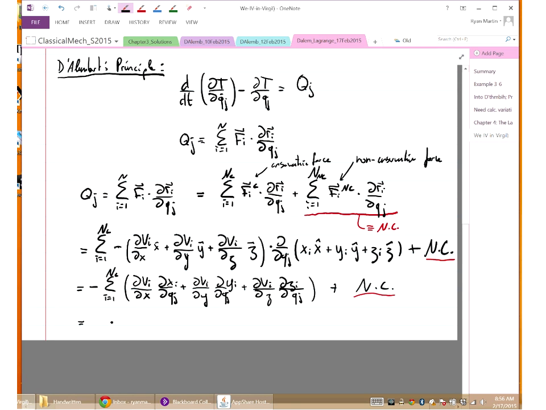And so that's the same thing as saying minus the sum from i equals 1 to n_c of ∂V_i/∂q_j, plus the non-conservative term.